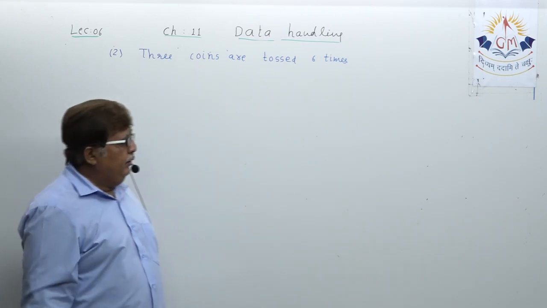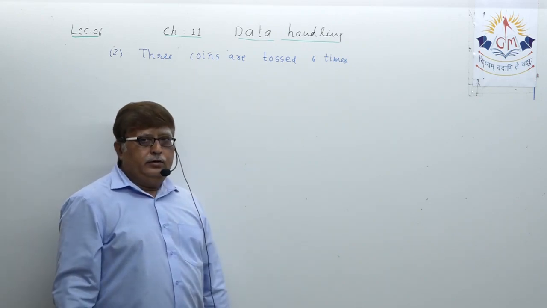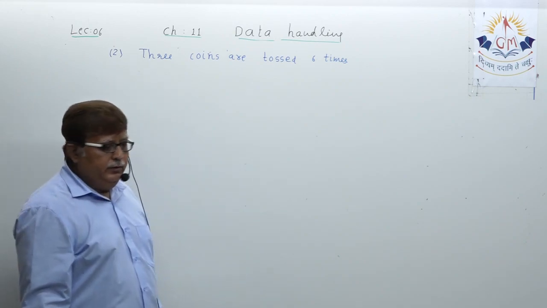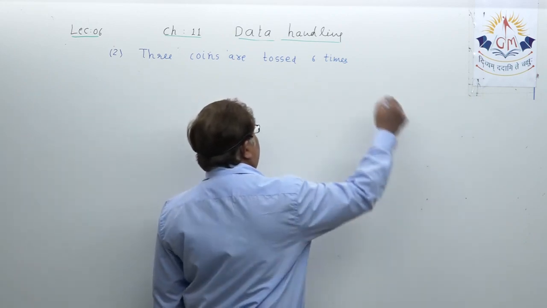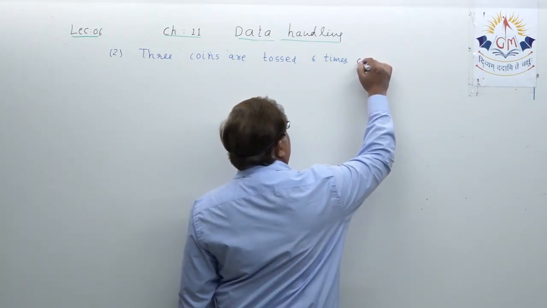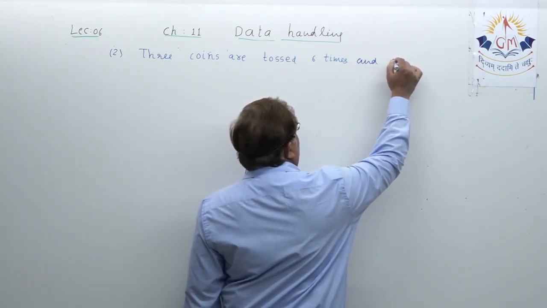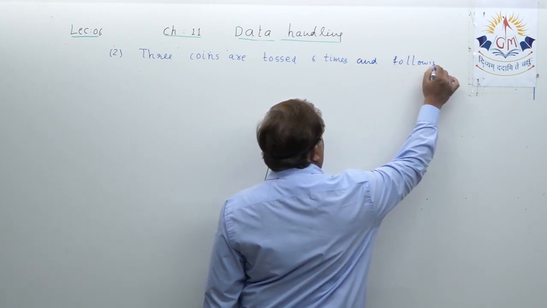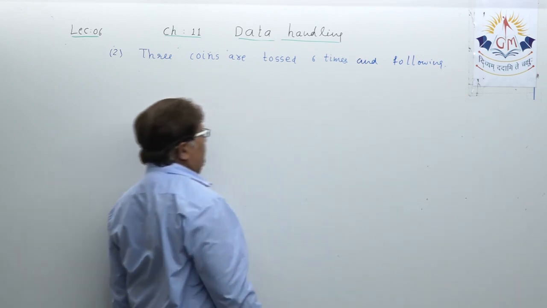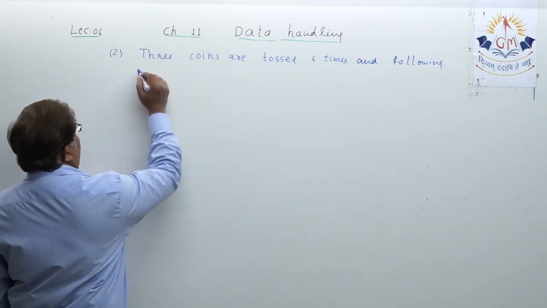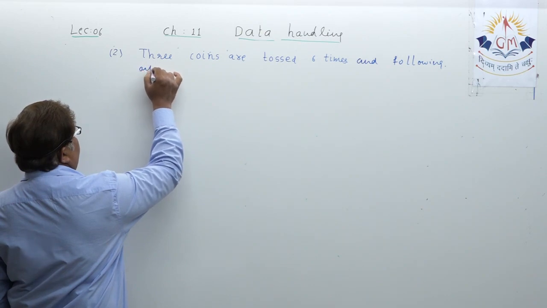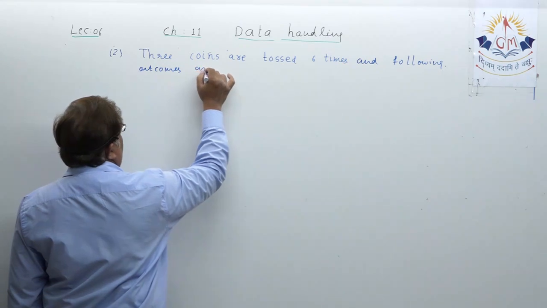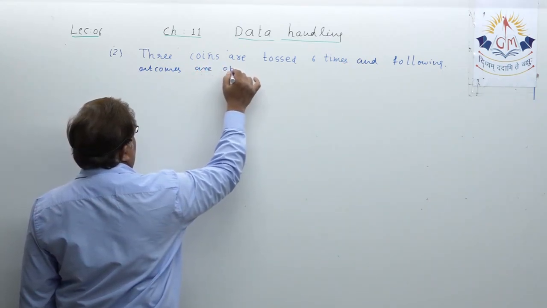Here, three coins are tossed 6 times, and the following outcomes are obtained.